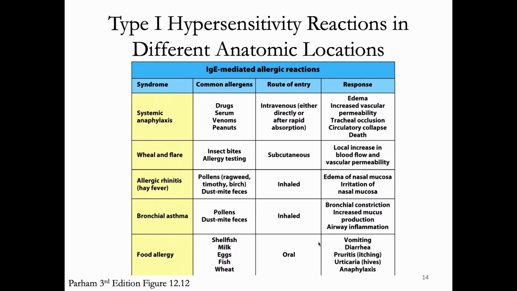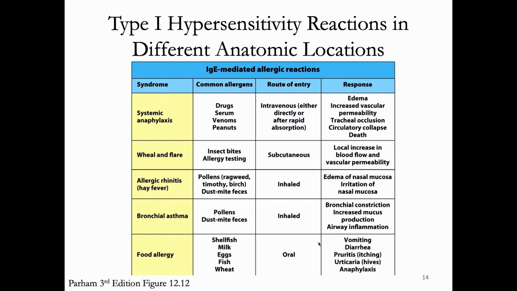So if you have something that comes in under the skin, you have one type of allergy called a wheal and flare. If you inhale it, then you have sort of nasal issues. If you eat it, you have sort of food allergies. If you get it into the blood, then you have anaphylaxis. And so all of these are actually pretty much the same response. It's just that that same response is happening in a different anatomic location.